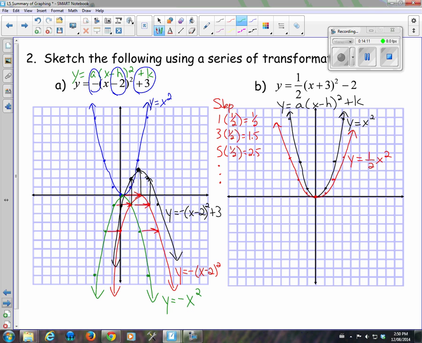Next in my equation is the +3. So +3 is my h, and my h moves it across, opposite what you think. So because it's +3, I'm actually going to go to -3. And I'm going to move all my points over 3.